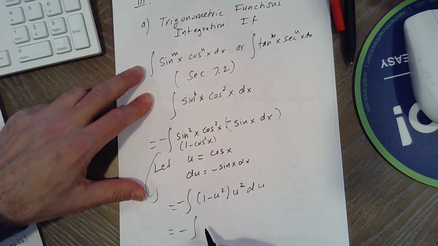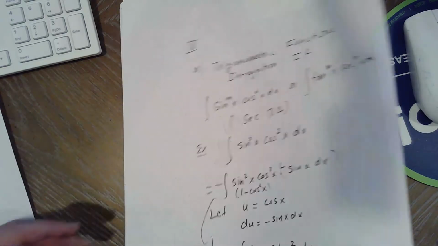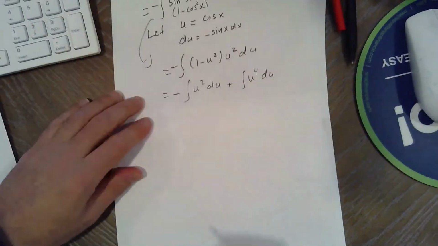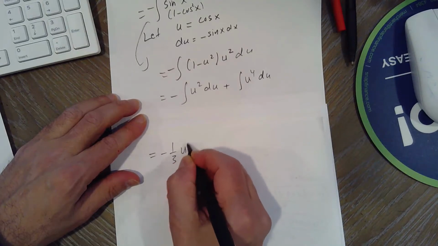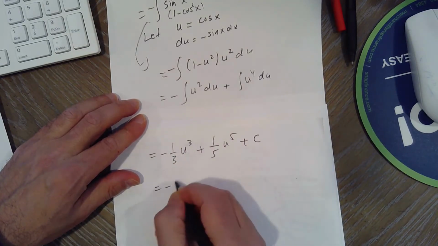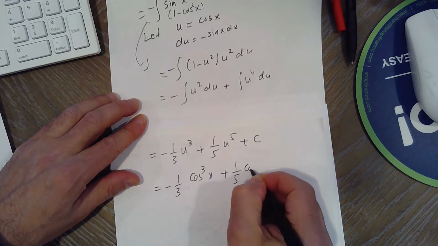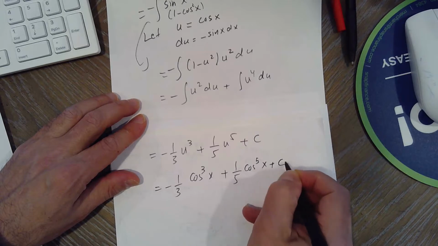So that's integral of u squared du plus integral of u to the 4 du, which is the negative 1/3 u cubed plus 1/5 u to the 5 plus c. So we're going to bring back cosine x, so negative 1/3 cosine cubed x plus 1/5 cosine to the 5th x plus c.